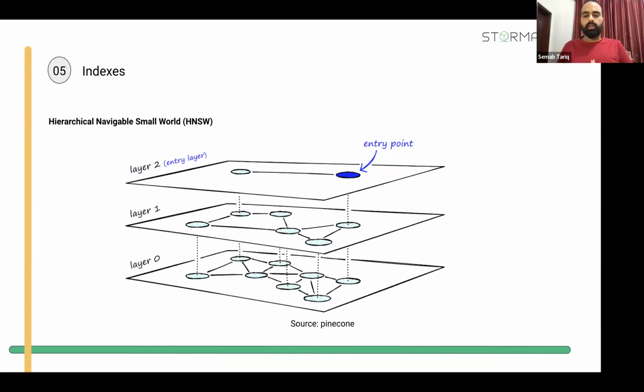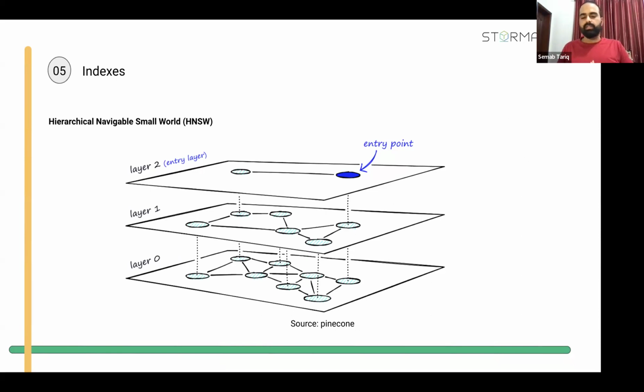This is also suitable for performing quick searches, because in this example, if we need to search a vector that resides on layer 0, we will always start from the entry point, which is on layer 2. We will traverse to its nearest vector on layer 1 below, and then again try to find its closest nearest point to our search query, which of course we know will be on layer 0.